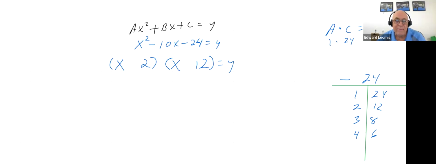Which ones can be negative? Well, just look at B. I want my B to be negative. So I make the biggest number negative and the smaller one positive. Negative 12 plus 2, signs are different, so I subtract. 12 minus 2 is 10. I keep the sign of the biggest number, which is 12, so my 10 is negative. These are little tricks to help you.